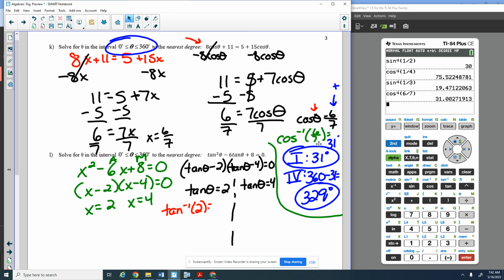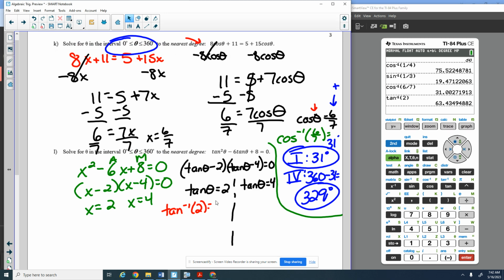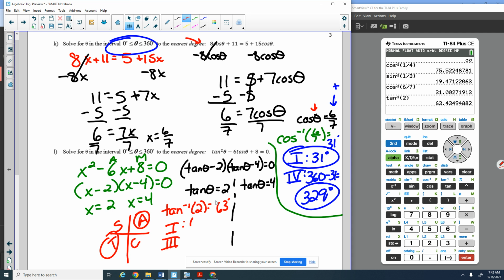So tangent inverse of 2 is 63. First quadrant and third quadrant for tangent being positive. So that's 63 and 180 plus 63 to get into quadrant 3 is 243. So there's 2 of my answers.